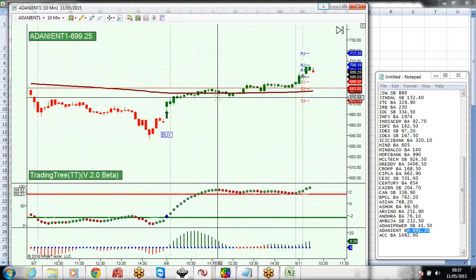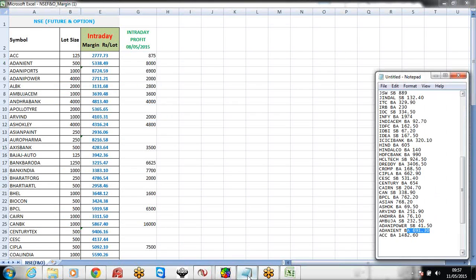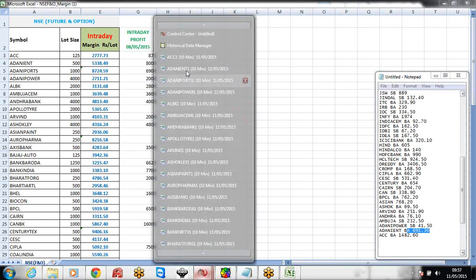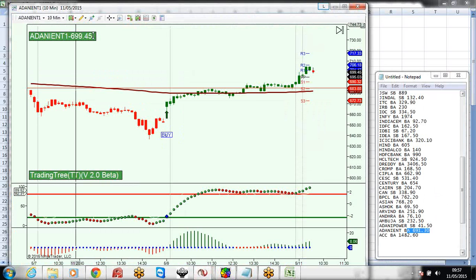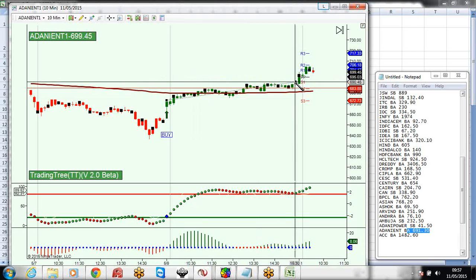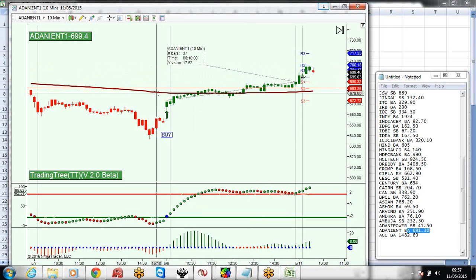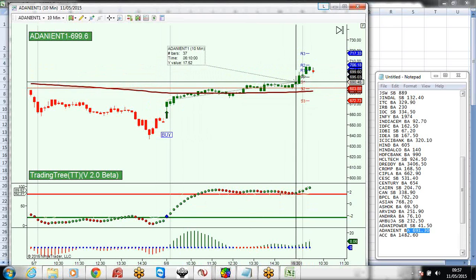The profit on this particular call, Adani Enterprises, was around 8,000 rupees on Friday. So your investment was around 5,300 and your profit was around 8,000. I'll just show you that. The call got initiated here and it closed here. And that is the closing.